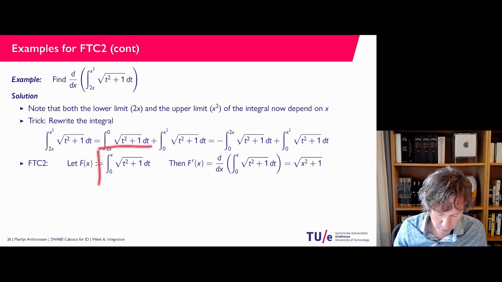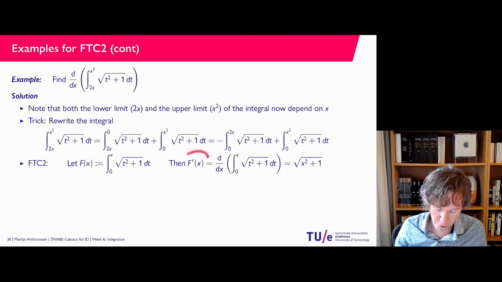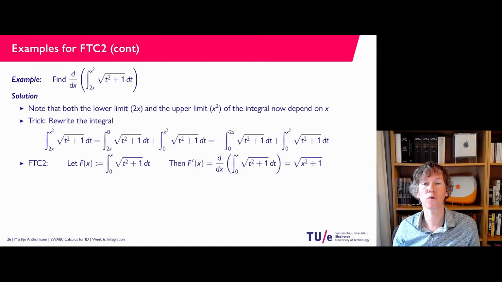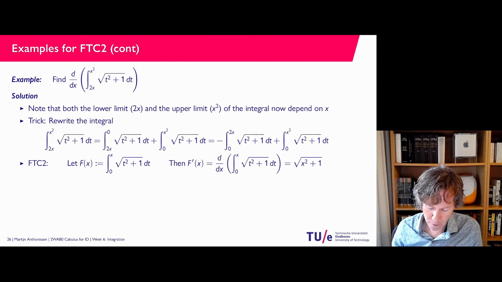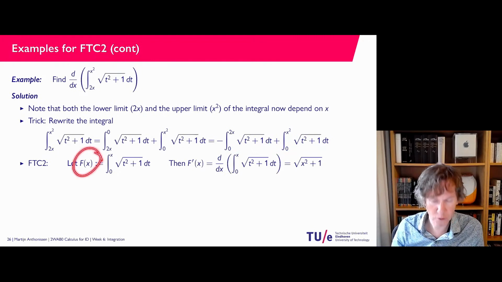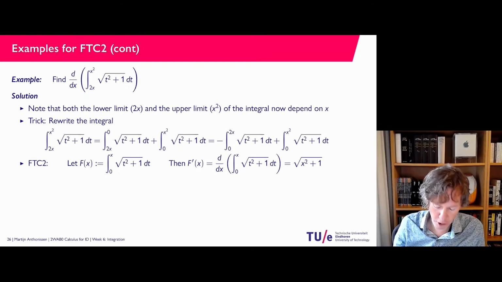And for this thing, I can directly use FTC2 because I know that if I differentiate it, the differentiation and the integration cancel, and I get this, the square root of x squared plus 1. Now, if I want to differentiate this thing and I want to differentiate this thing, they are again related to this function capital F. So let's wrap it up and let's put all the ingredients together.